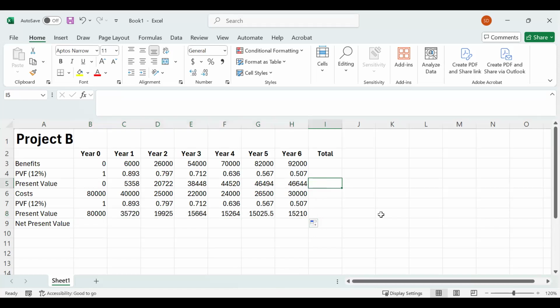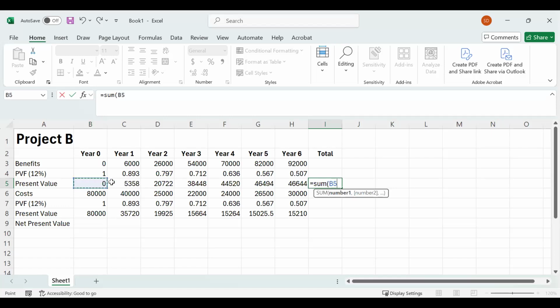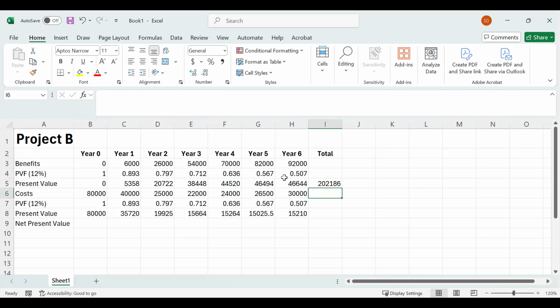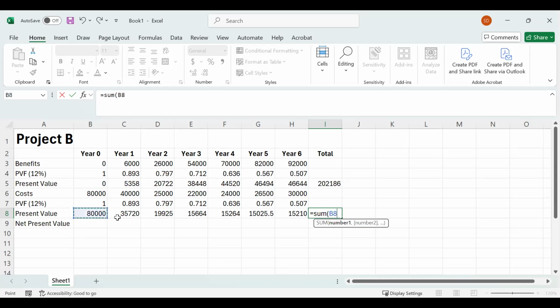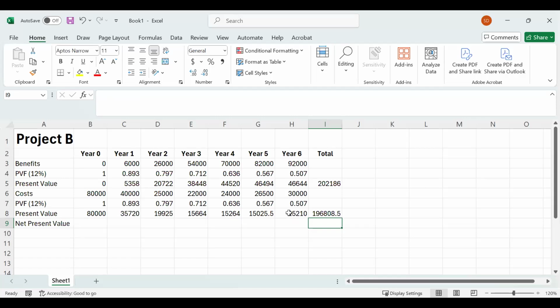Now we need the total. We can say sum. From 0 to here, that is what we are getting, 202,186. Similarly, if you sum this up, we get 196,808.5.